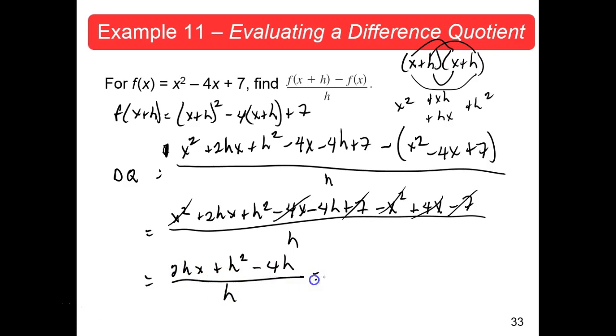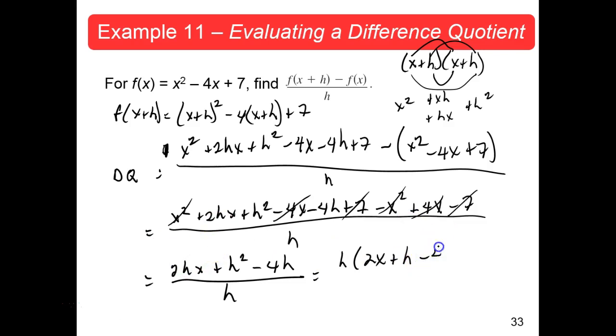Now, what can we do with that numerator? Factor out an h. I like that. So that would be h times, what's left in the first term? 2x plus what? Plus, no, you pulled out an h, so you just have an h left, right?